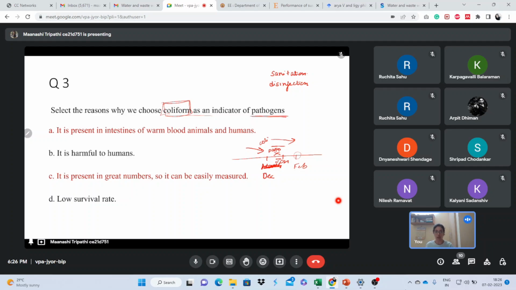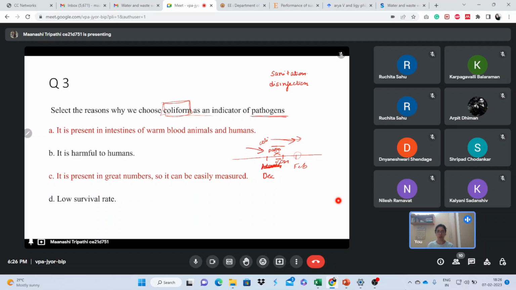And coliforms are not pathogens. Coliforms are just the bacteria present in the human body. And from this diagram, it is also clear that they can be measured for a long time. Even if the pathogens are absent, coliforms will be there. So these are the reasons. That's why we use coliforms as an indicator of pathogens. But coliforms themselves are not at all pathogens. This should be very clear.